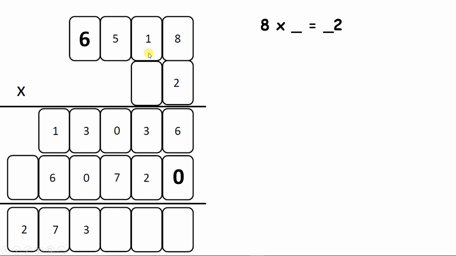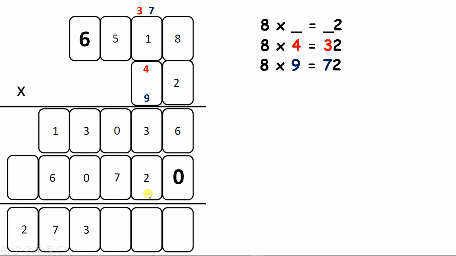Now if we know our 8 times table, we know that 8 times 4 is 32, so perhaps they multiplied by 4 and then carried the 3, the tens digit. But I've written this in red because there's another possibility. What else might they have done? They might have done 8 times 9 to get 72, and then carried the 7.